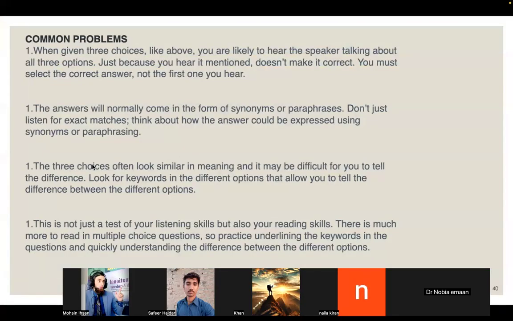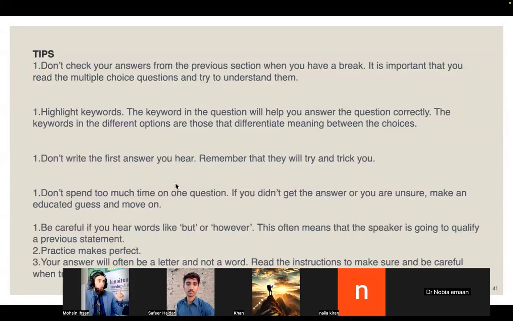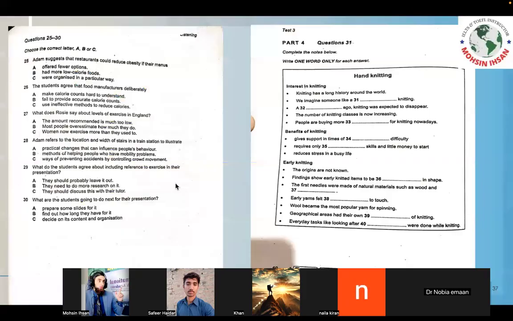Now, next is the three choices often look similar in meaning, and it may be difficult for you to tell the difference. Look for keywords in the different options that allow you to tell the difference between them. Now, first, how we can choose the different words, different options, here you see question number 26.